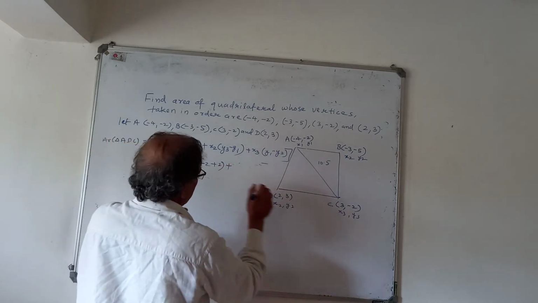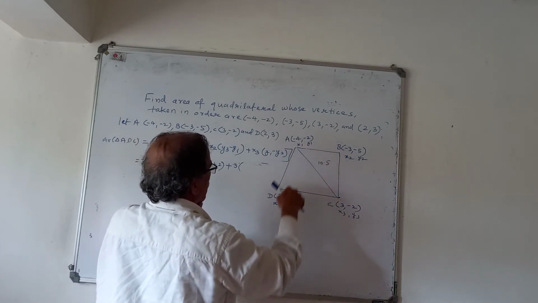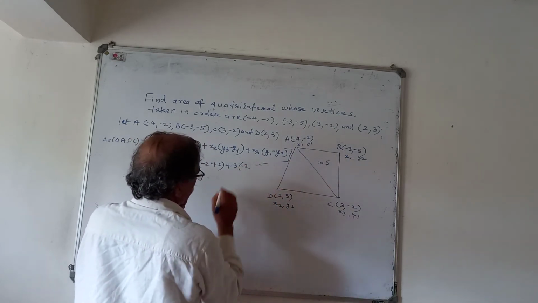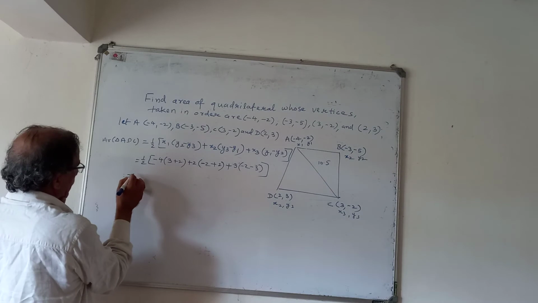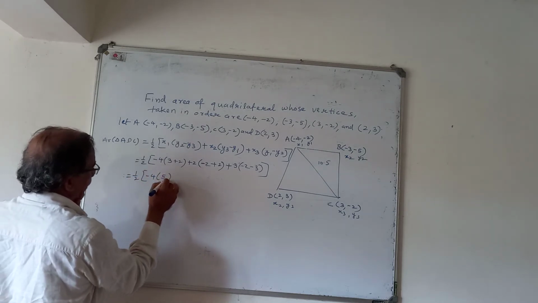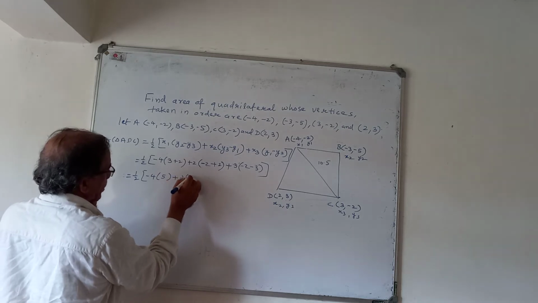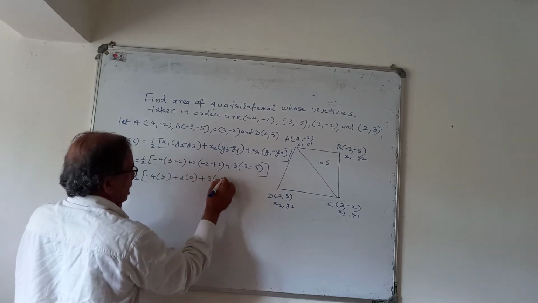Plus x3, which is 3, into (y1 minus y2), so that is minus 2 minus 3. So that is half into minus 4 into 5 plus 2 into 0 plus 3 into minus 5.